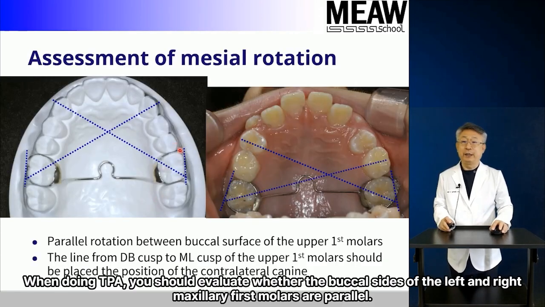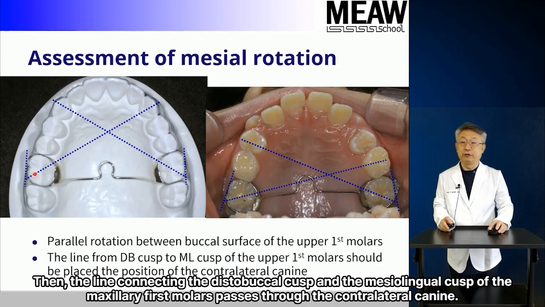When doing TPA, you should evaluate whether the buccal sides of the left and right maxillary first molars are parallel. Then, the line connecting the distobuccal cusp and the mesiolingual cusp of the maxillary first molars passes through the contralateral canine.